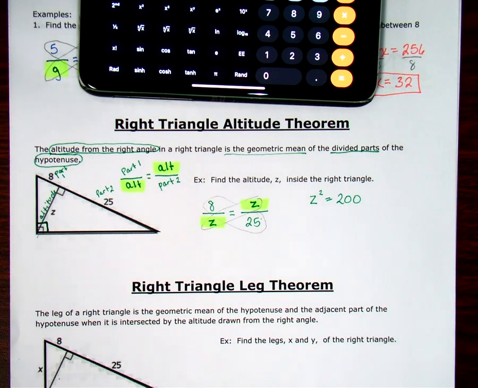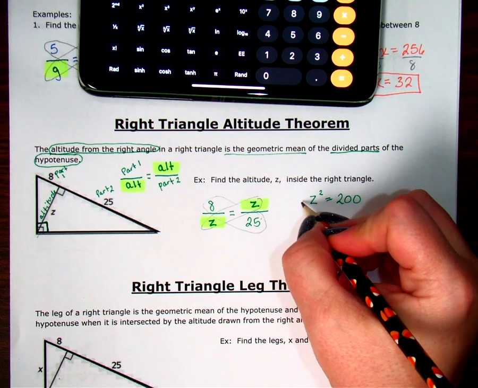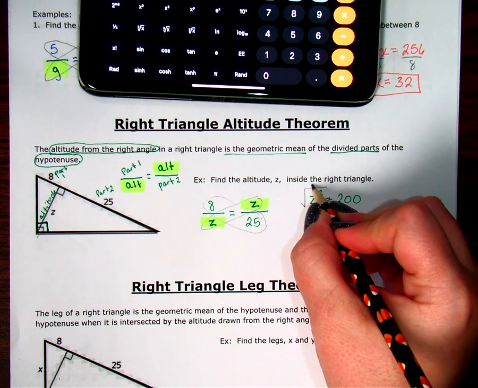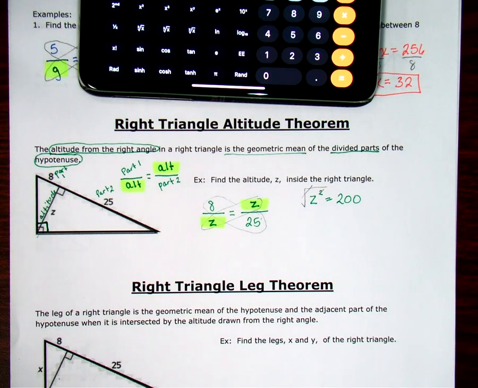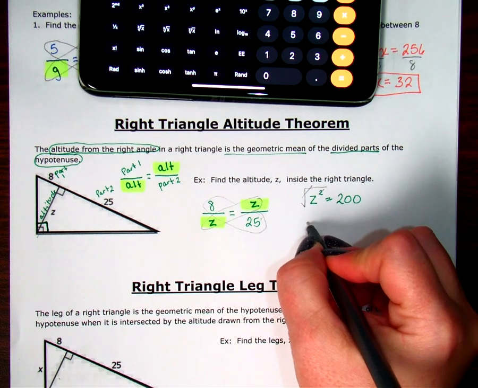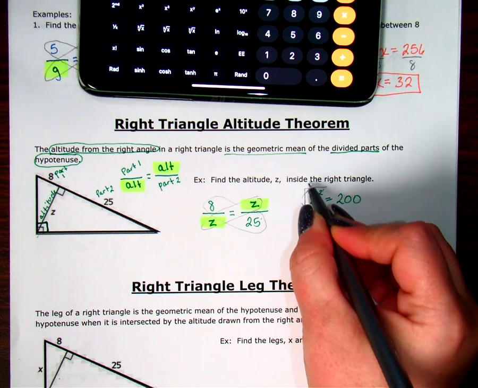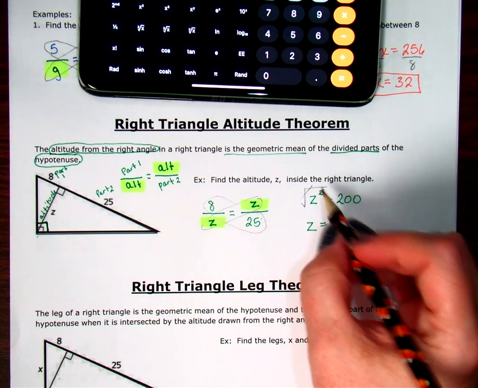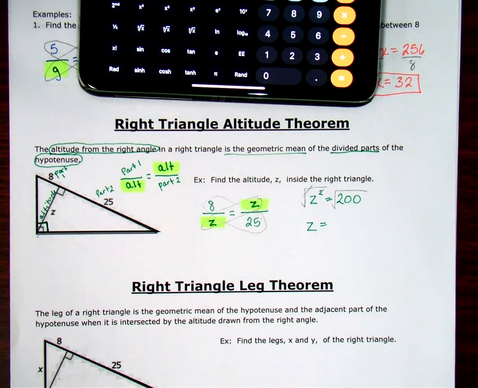Now all I have to do is get rid of that square, which is not dividing by 2. It's taking the square root, because square roots and squares cancel each other out to leave me with just z. If I take the square root on this side, I have to also take the square root on this side.